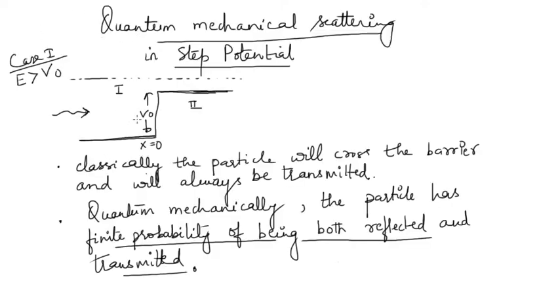In region 1, my potential is 0. So my Schrodinger equation will become d2 psi 1 by dx square plus 2m upon h cross square E psi 1 is equal to 0.